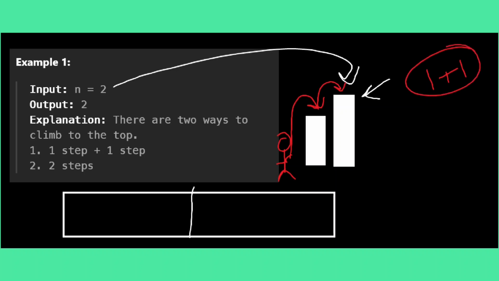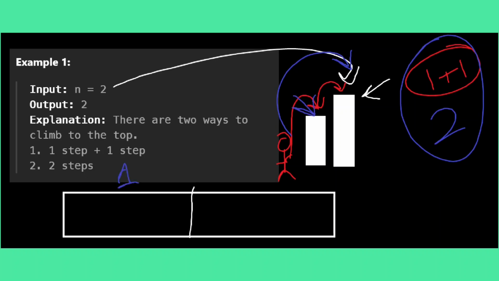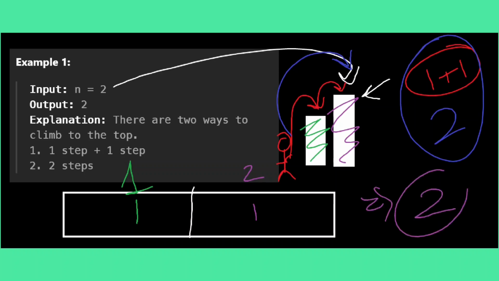So this is one way. Or I can just take two steps at once, two. So there are two ways to reach it. So if I was at step number 1, which is color coded green, there's one way to reach there, 1 plus 1. And if I was at step number 2, again there is one way to reach there. So total is 1 plus 1, two ways.